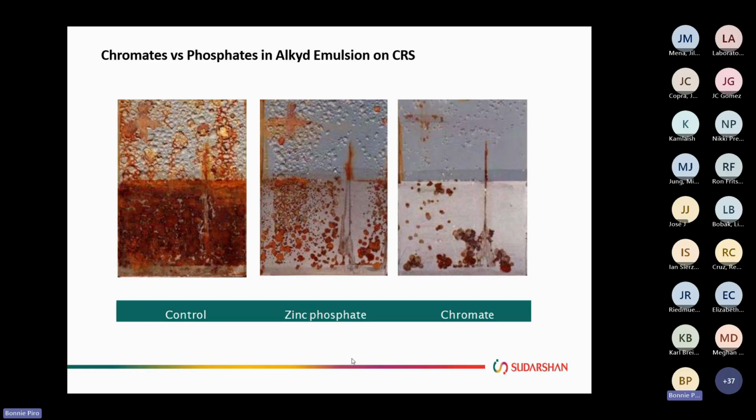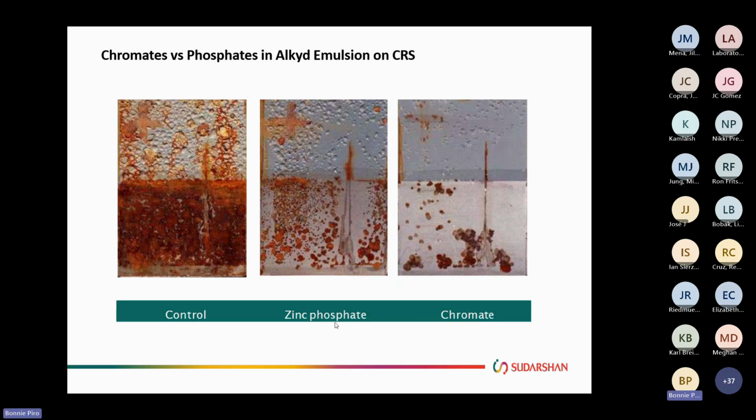As I mentioned earlier, I'm a very visual person, so I have a lot of these photos that give you an idea of what each of these types of mechanisms are and how they can work. So the left-hand side is always going to be the control without any undercoat or anti-corrosive pigment.